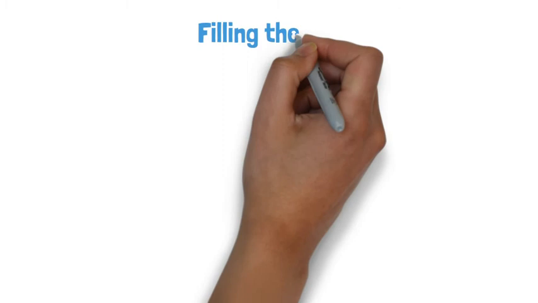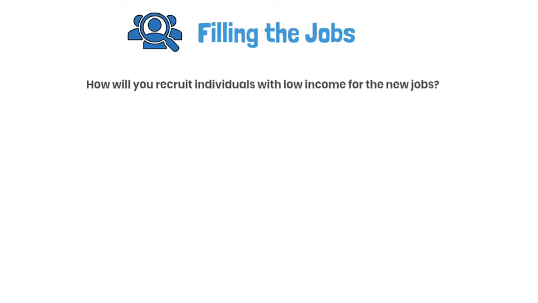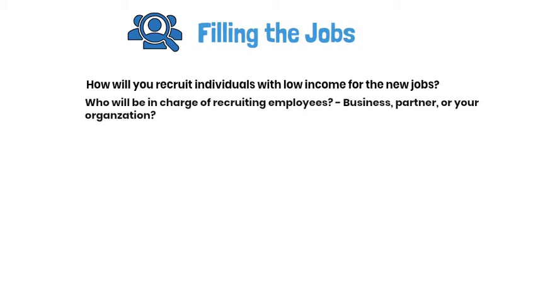It's also important to decide how your organization will fill these newly created positions. Ask yourself, how will you recruit individuals with low income for the new jobs? Who will be in charge of recruiting employees, business partner, or your organization?